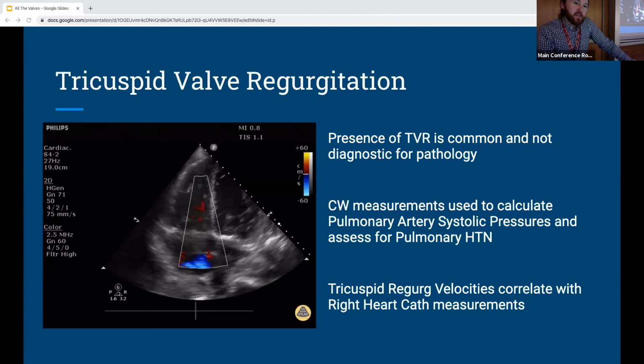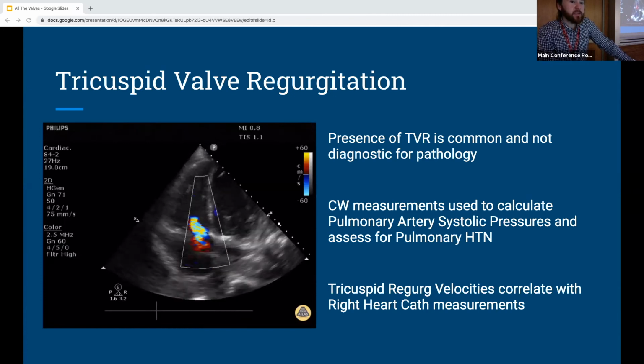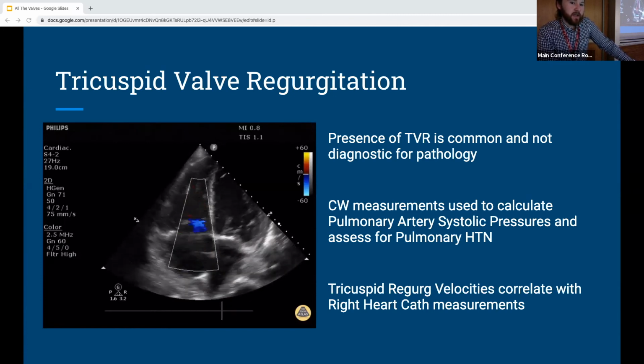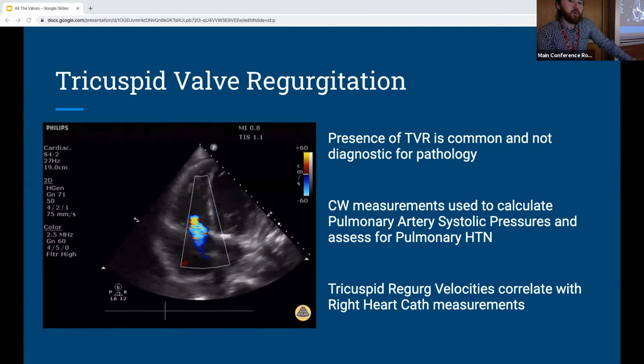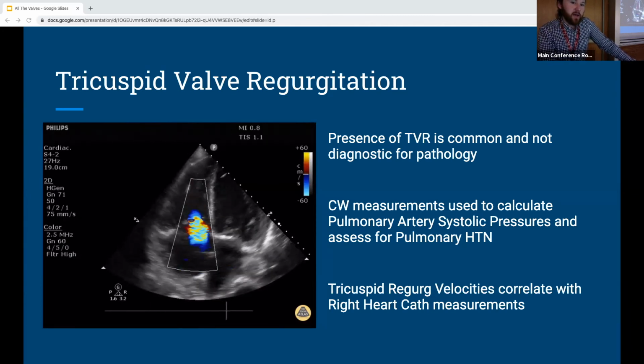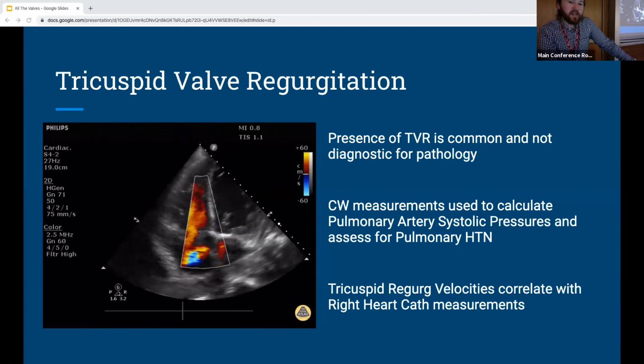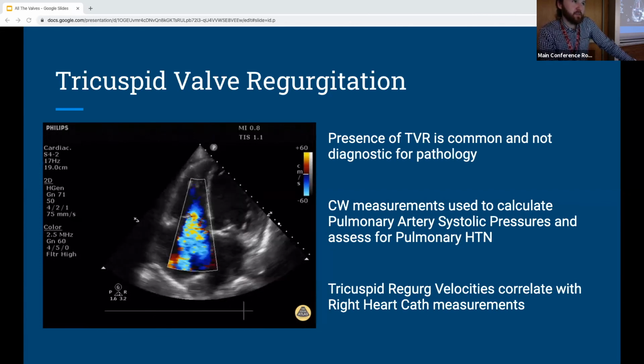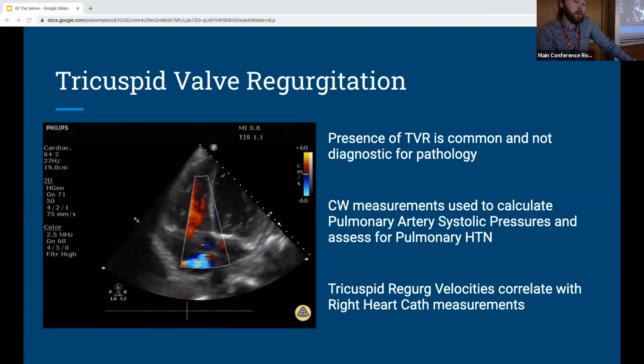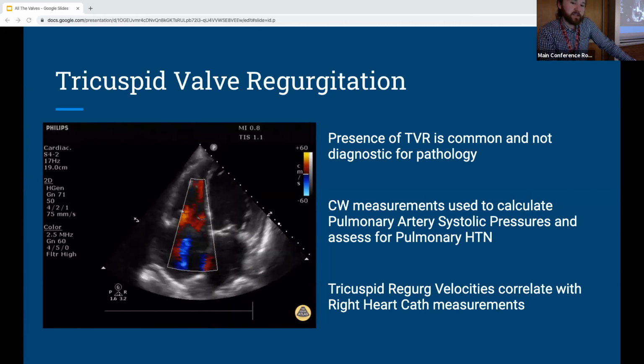Basically, the only interesting thing about this that I looked into was, if you're a nerd like me, you can drop CW gates on the regurgitant jet, and it can correlate with the degree of pulmonary artery systolic pressure, and pulmonary hypertension can be useful in identifying things like acute PE or chronic pulmonary hypertension or a PH crisis.